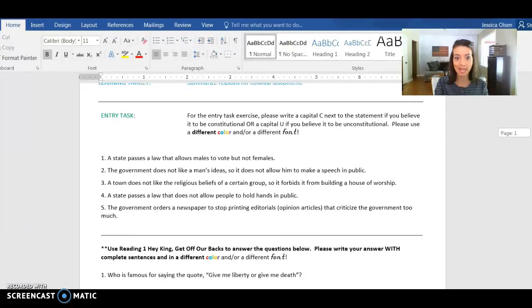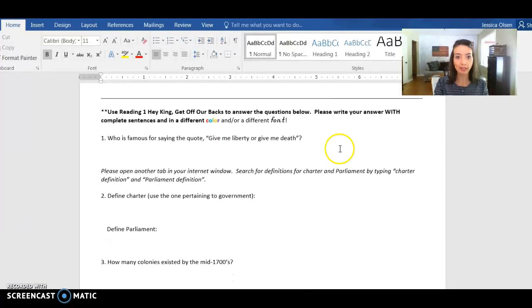All right, and then scrolling down, it says that you're going to use the reading that we just talked about. Please write your answers with complete sentences, and then always write with a different font and or a different color, because that allows me to see what you have written compared to my text here. Okay? So some of these are going to be quite easy.